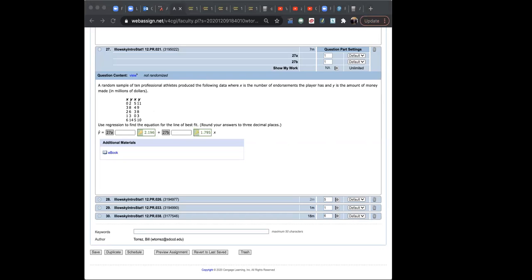Okay, all right. So let's just inspect the data. We have a sample of size 10, and the predictor variable is the number of endorsements, and the response, the Y variable, is simply the amount of money made in millions of dollars. Okay, so let's go to the regression, simple linear regression.